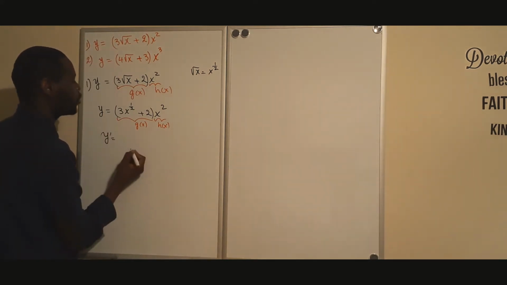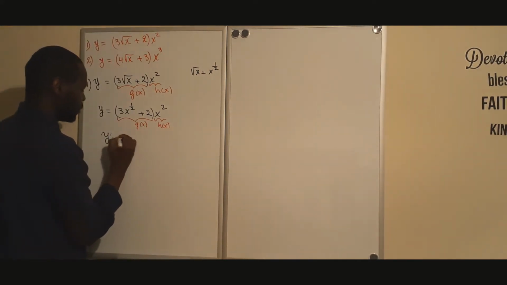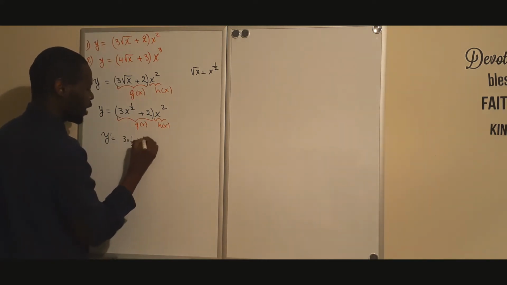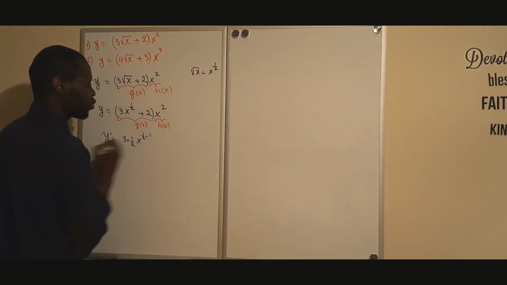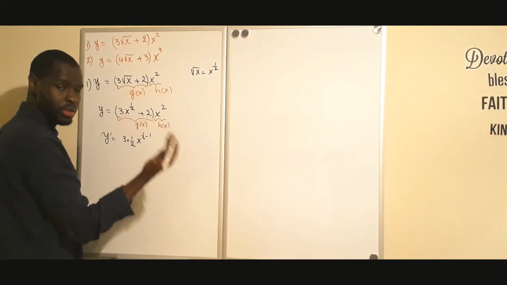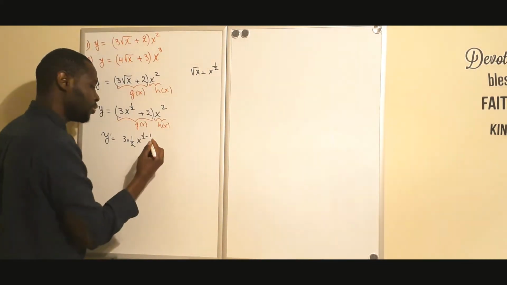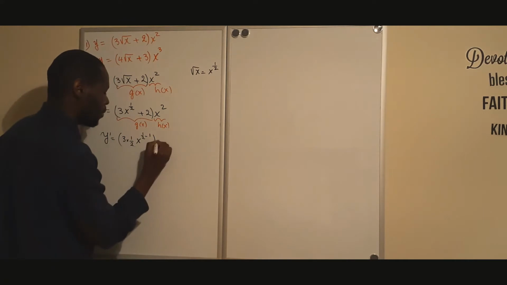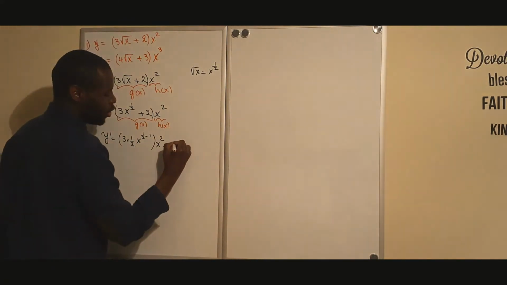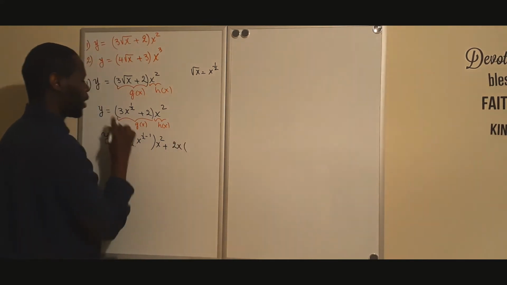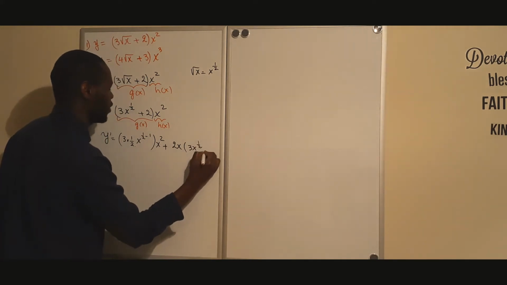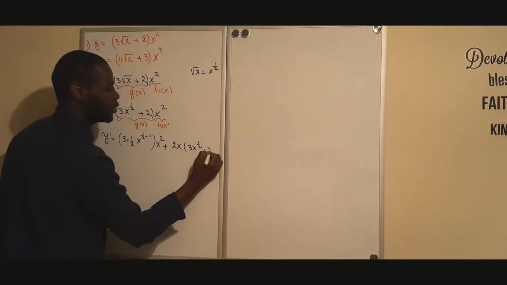So y prime equals the derivative of the first one, so that will be 3 times the power 1/2 times x to the 1/2 minus 1, plus the derivative of 2. Since 2 is a constant, its derivative is 0. All of that multiplied by h of x, x squared, plus the derivative of h, that's 2x, multiplied by g of x, so that's 3x to the 1/2 plus 2.